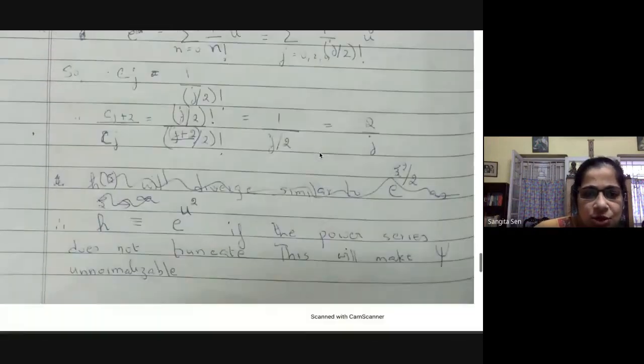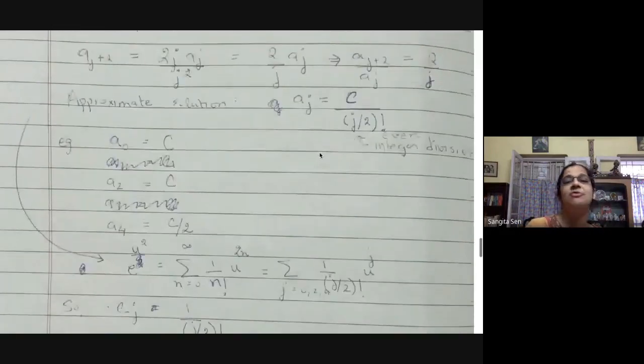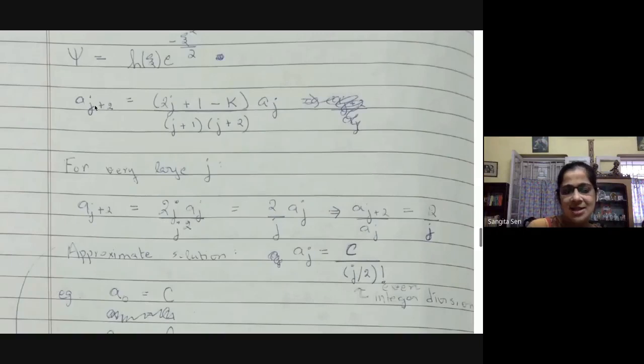What you need is the polynomial to be not infinite. It must truncate at some finite value of j. So after some point, a_(j+2) must become 0. I cannot have an infinite polynomial because that is as bad as a positive exponential.